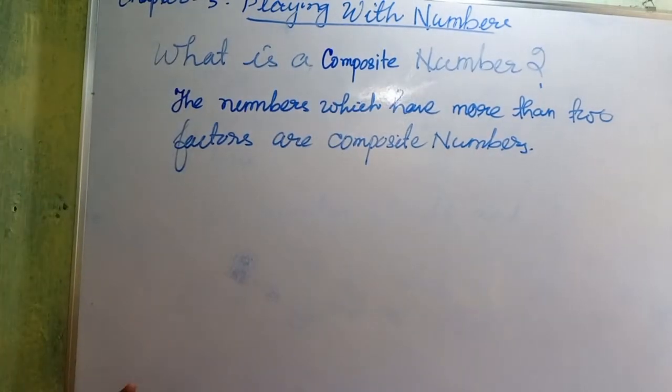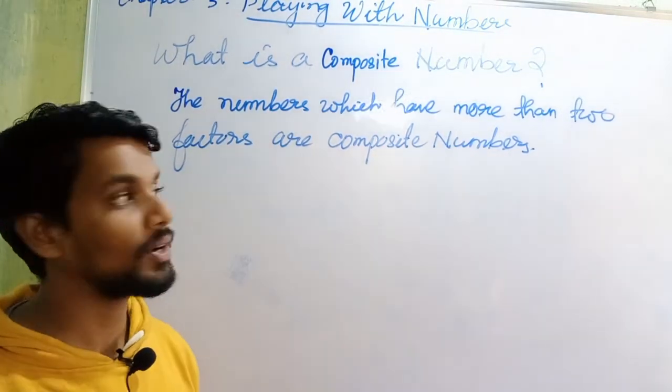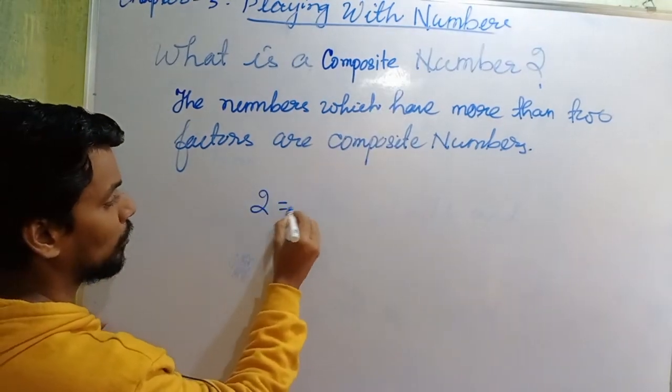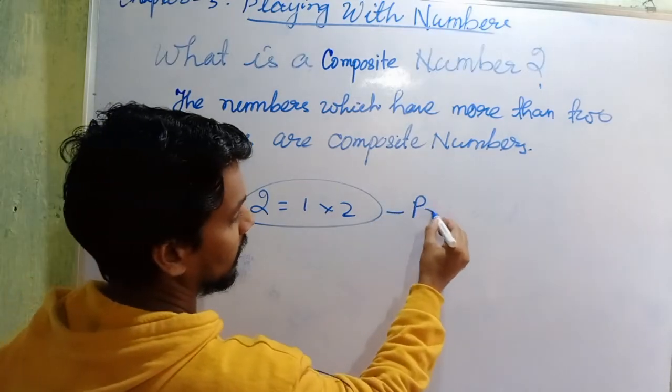What is a composite number? The numbers which have more than 2 factors are composite numbers. Already I was giving you examples for prime numbers. There, for 2 we were getting 1 and 2, only 2 factors. They are what? Prime numbers.